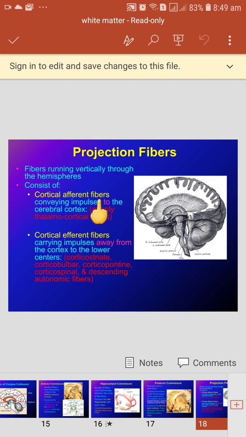Cortical afferent fibers convey impulses to the cerebral cortex, mainly thalamocortical fibers, while the cortical efferent fibers carry impulses away from the cortex to the lower centers. These are corticostriate, corticobulbar, corticopontine, corticospinal, and the descending autonomic fibers. These all constitute the projection fibers and come under the category of cortical efferent fibers.